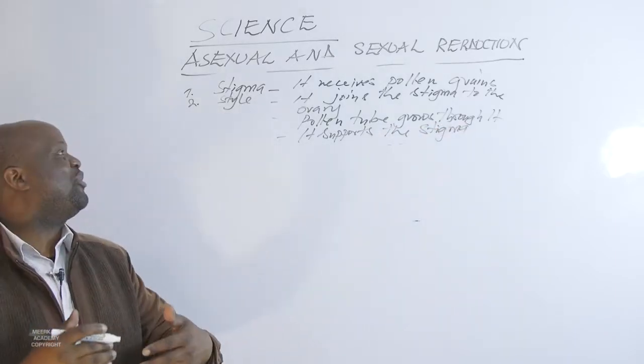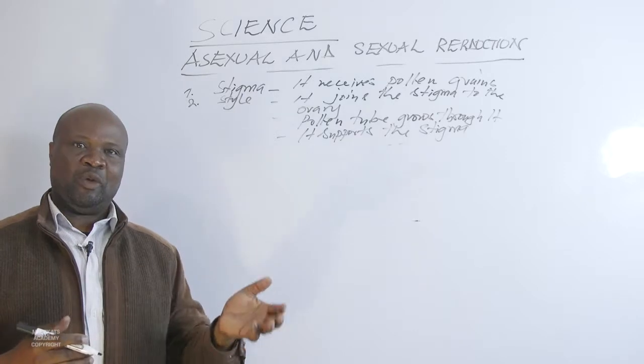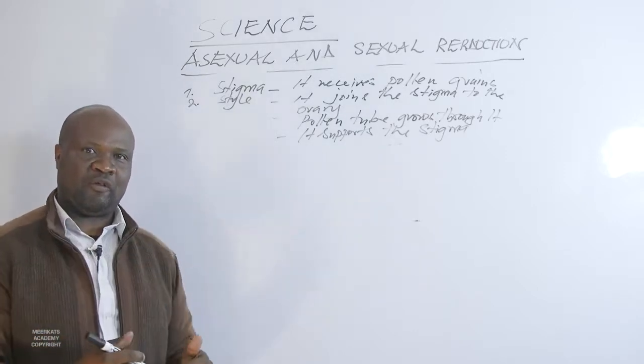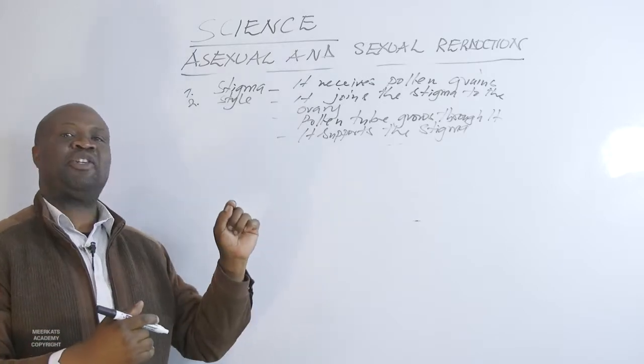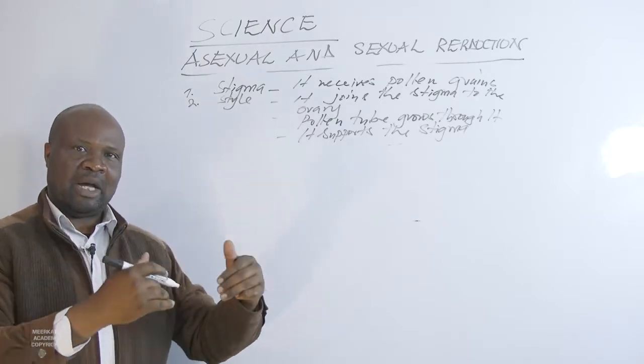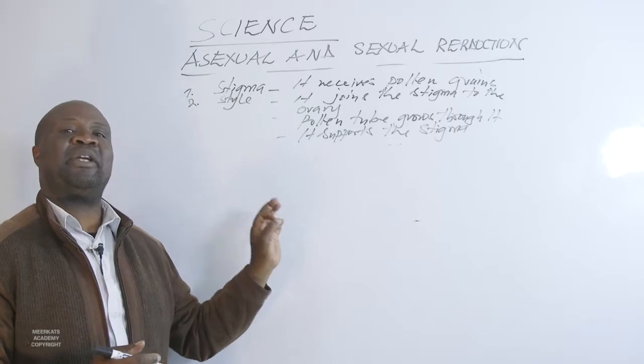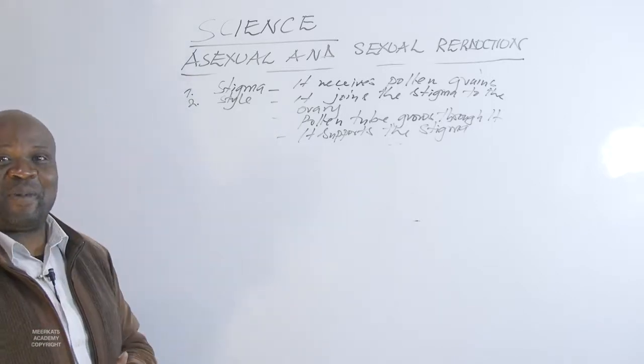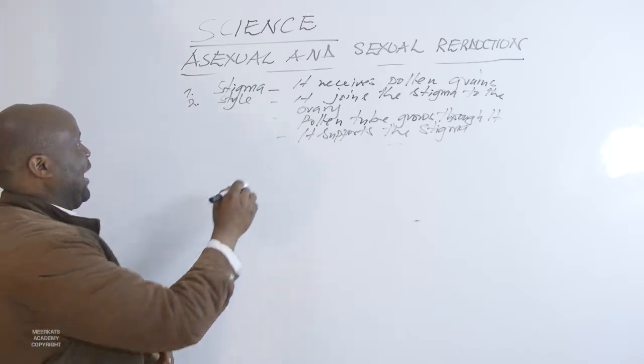The stigma cannot exist on its own. Would it be able to exist in the air? No. It has to be joined to the ovary. So the style is there to join the stigma to the ovary. These are the major functions played by this part of a female flower called the style.